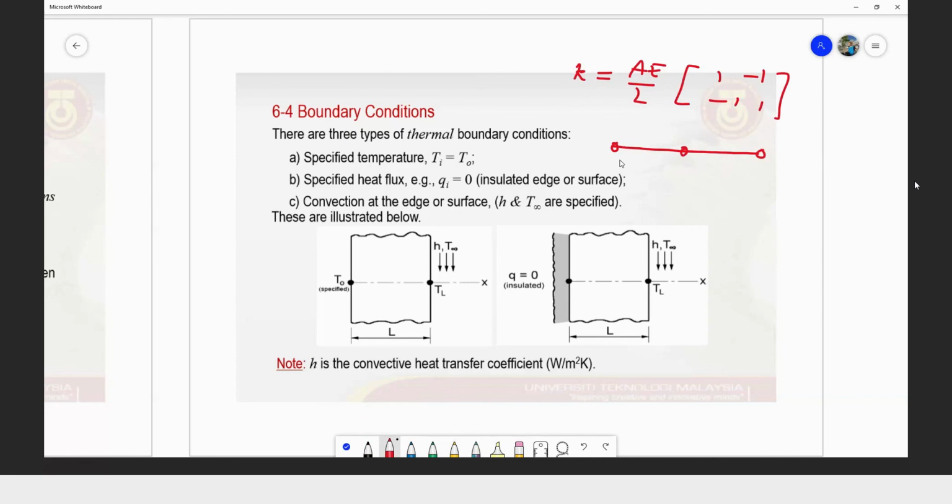So when equal spacing, kalau L dia punya panjang ni, untuk setiap elemen adalah L over 2, dia punya element length. Tapi several students dia lupa nak gantikan L dalam equation ni, because this adalah untuk elemen. Kalau elemen nombor 1, length dia adalah L over 2 kan.